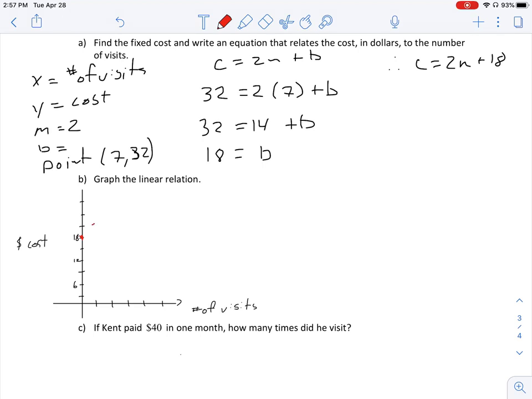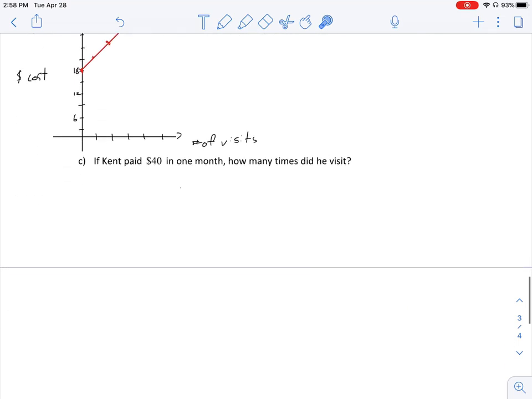So it would look something like this, very, very rough, like this, right? So long as we know that the start value of this membership is $18, and then it's $2 every month from then on. So if Ken paid $40 in 1 month, how many times did he visit?